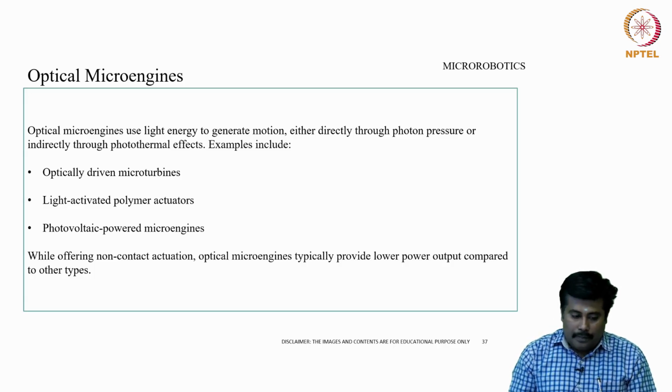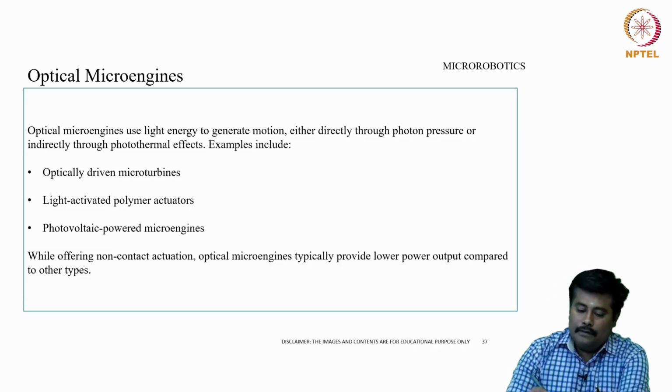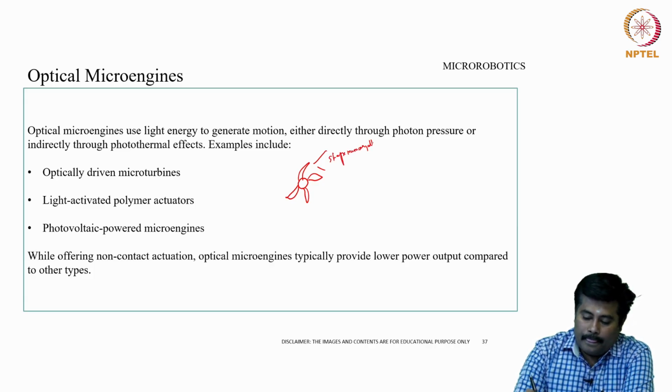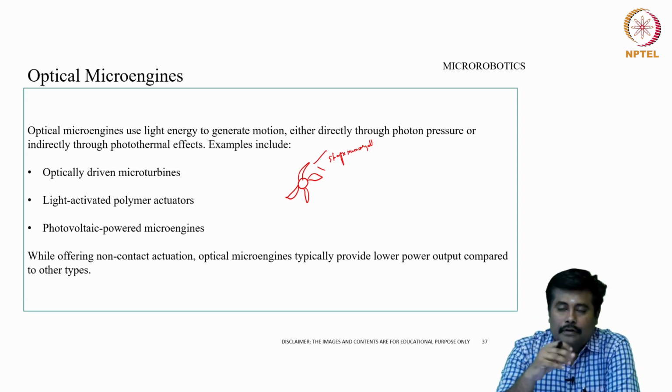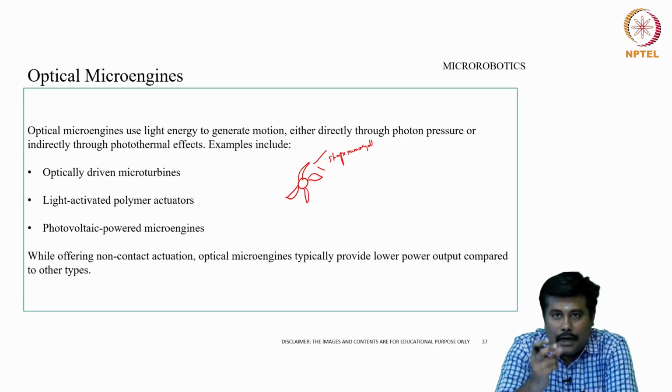As far as these optically driven micro turbines are concerned, let us consider a small micro turbine which is fabricated using a shape memory alloy. The overall fins of this micro turbine are fabricated using a shape memory alloy, and these shape memory alloys are highly strained during fabrication.